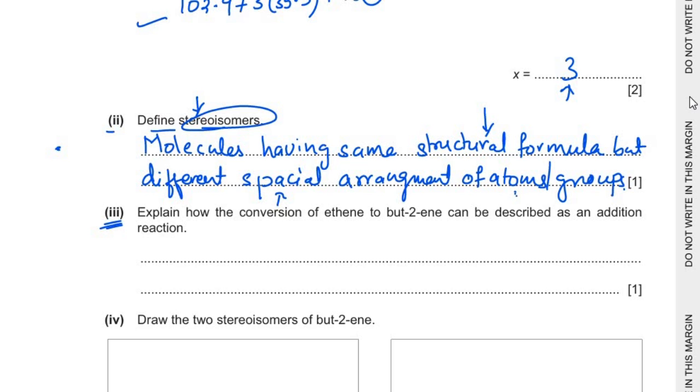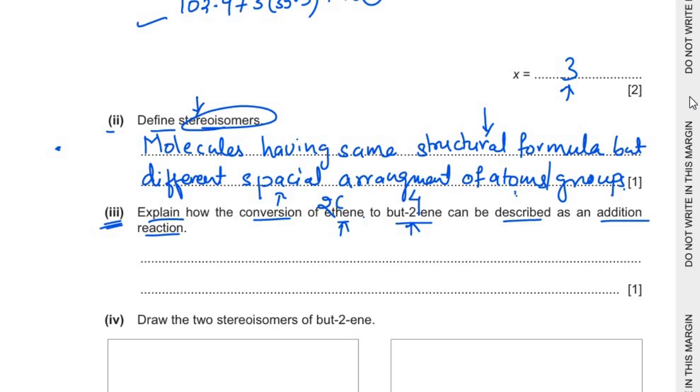Now part 3, explain how conversion of ethene to butene can be described as an addition reaction. Now you know ethene is just doubling to butene. Ethene has 2 carbon atoms but butene has 4 carbon atoms, so it's just doubling. So we know that it's an addition reaction, but how can we prove that?